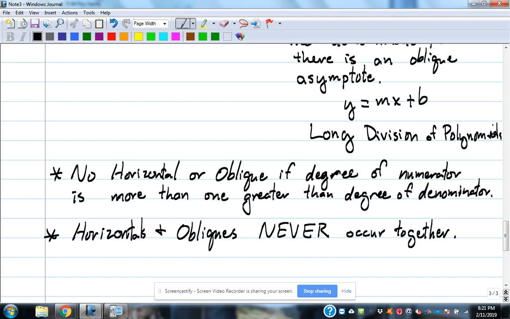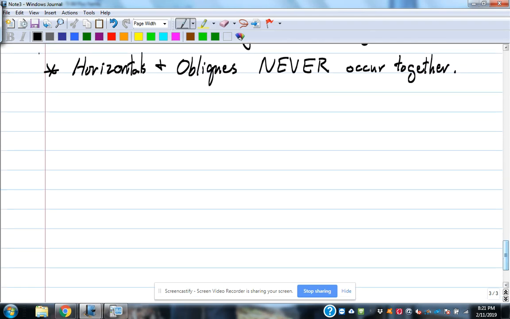The next 5 examples here are going to be us working toward getting these pieces out of this. So things we're going to be looking for are, we're going to state the domain and find all asymptotes.